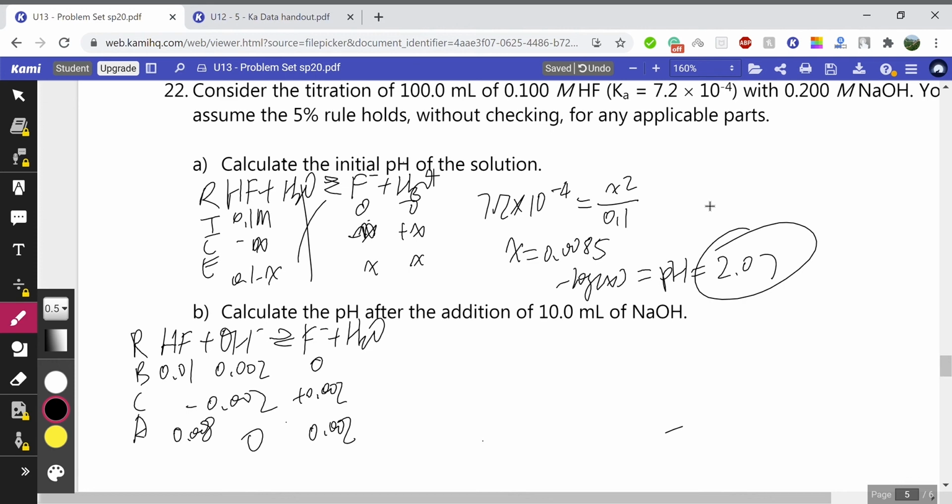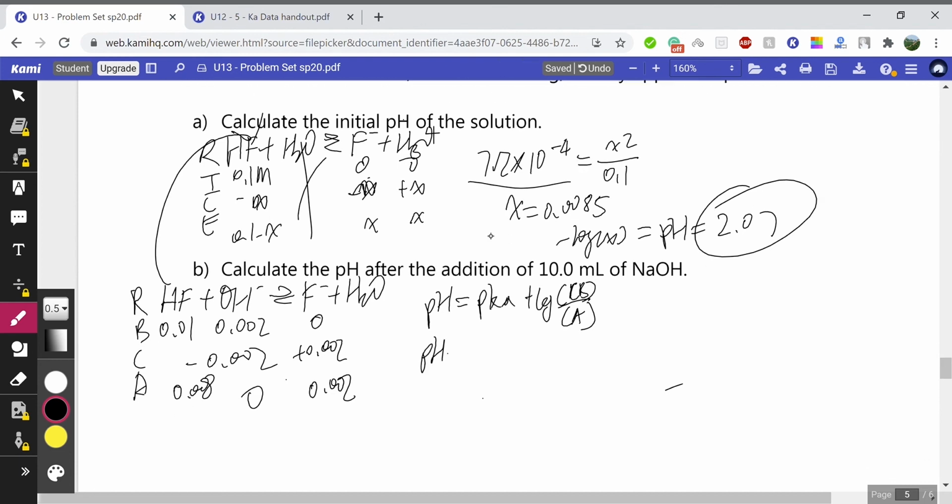So if we use this, we're gonna end up producing this reaction again, and then produce H3O plus. So the HH equation we're gonna use is pH equals pKa plus the log of conjugate base divided by acid. So the conjugate base is F minus. For pKa, we found the Ka over here at 7.2 times 10 to the negative 4th, so negative log of 7.2 e to the negative 4th power will be 3.14.